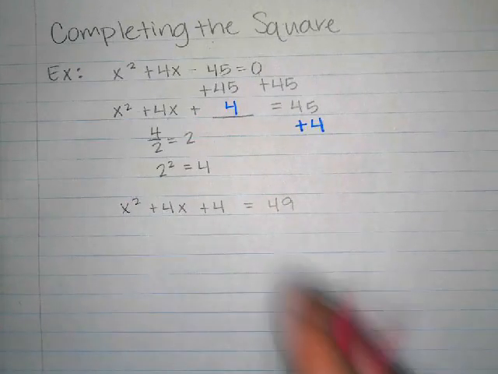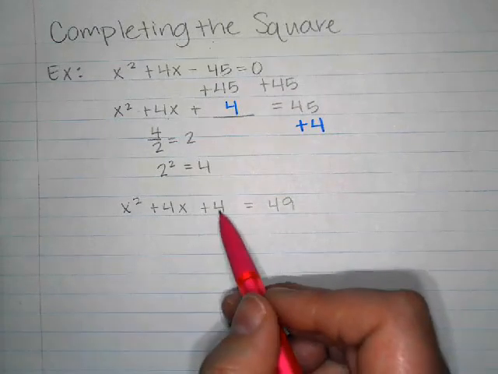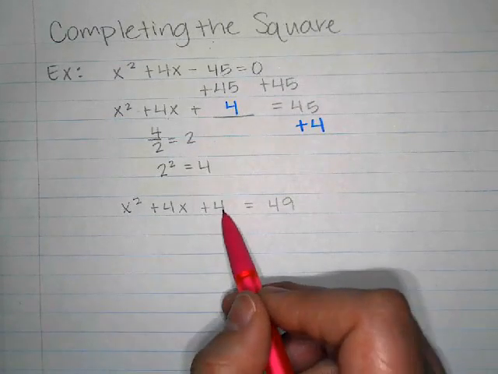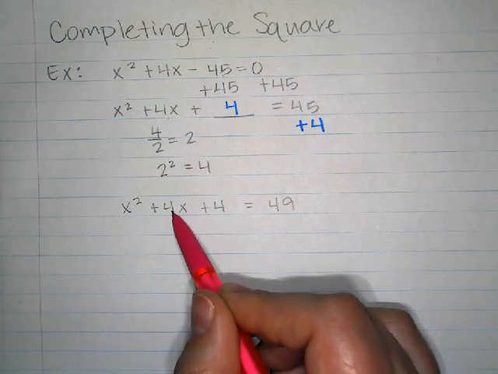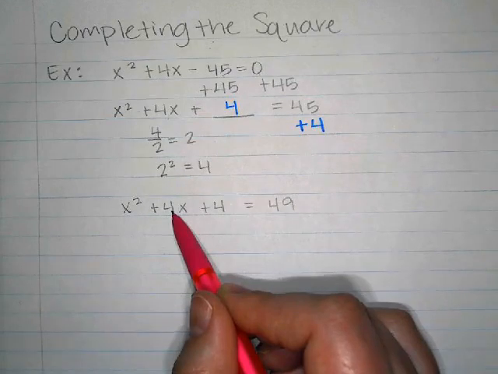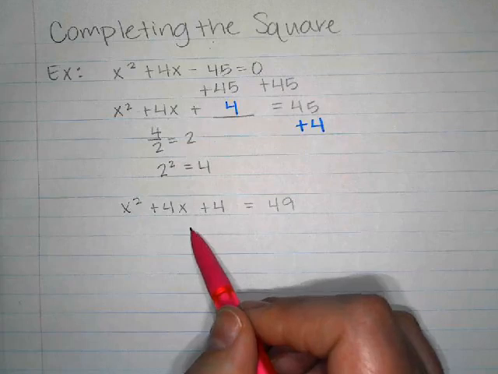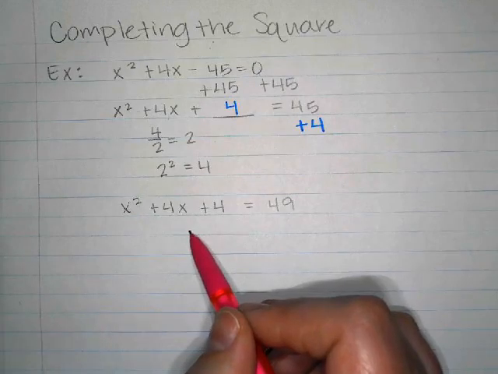Now, if we were to factor this, we would be looking for two numbers that multiply to 4 that add to 4. Two numbers that multiply to 4 that add to 4. What are the two numbers? 2 and 2. And when you complete the square, they are always the same number.